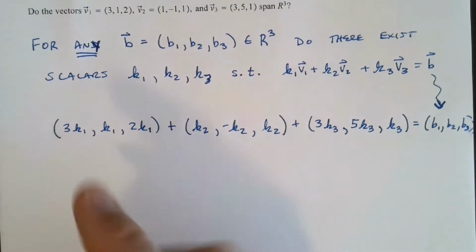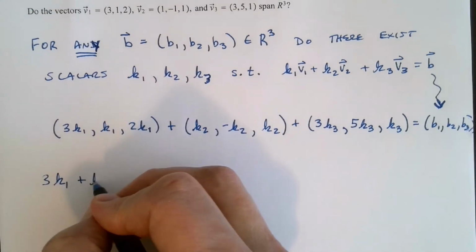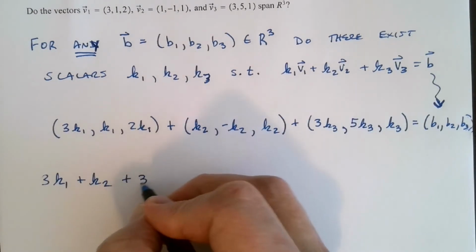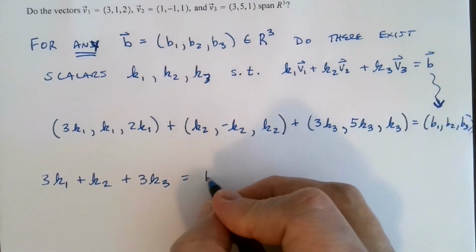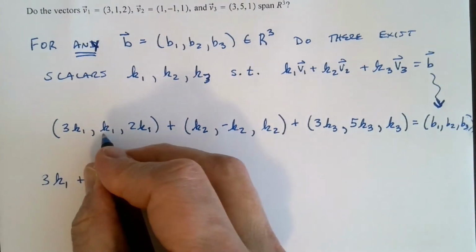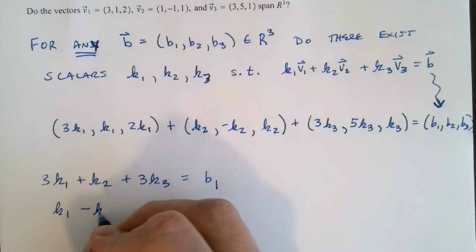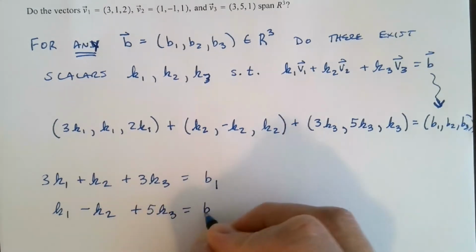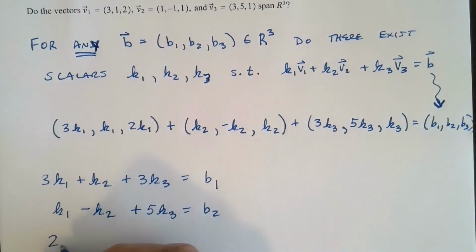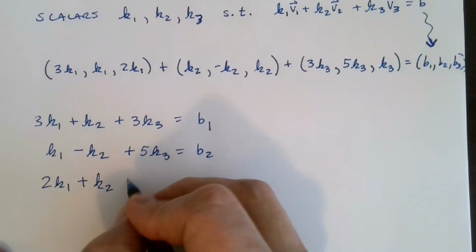So 3k1 plus k2 plus 3k3 has to equal the first component, b1. The second component is k1 minus k2 plus 5k3 equals b2. And the last component is 2k1 plus k2 plus k3 equals b3.